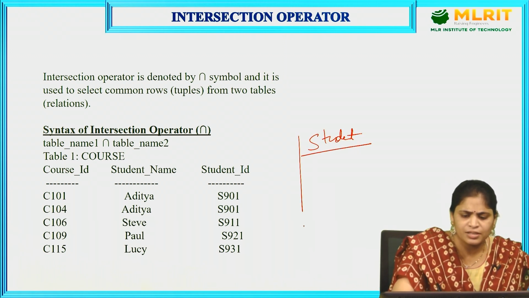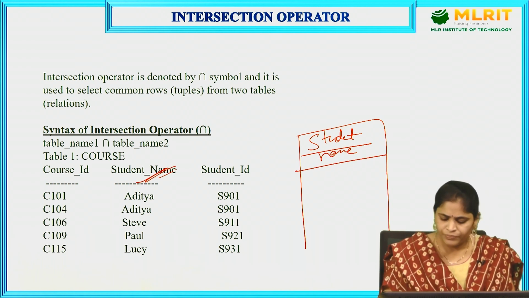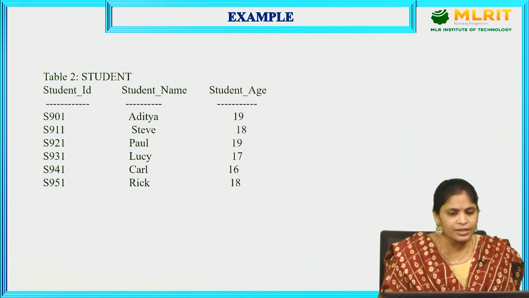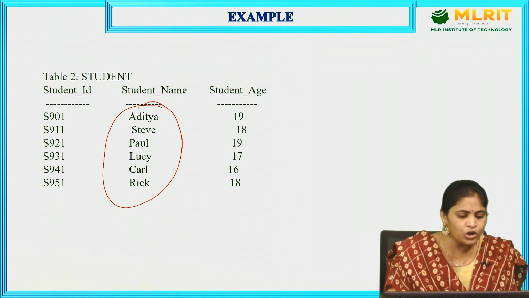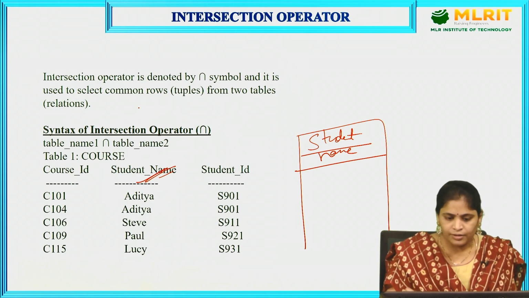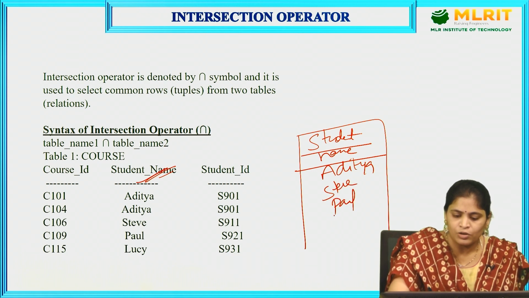Let us consider the student table here, and I am considering only the student name column. Aditya, Steve, Paul, Lucy, Carl, Rick.